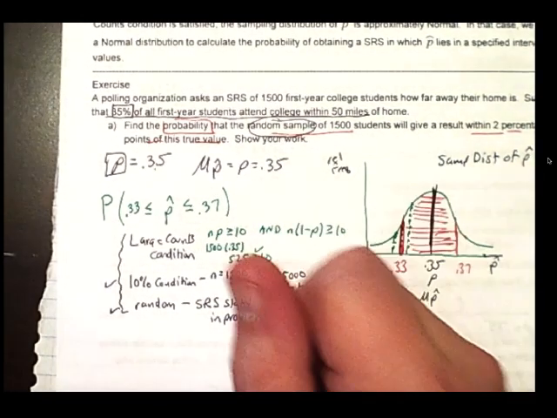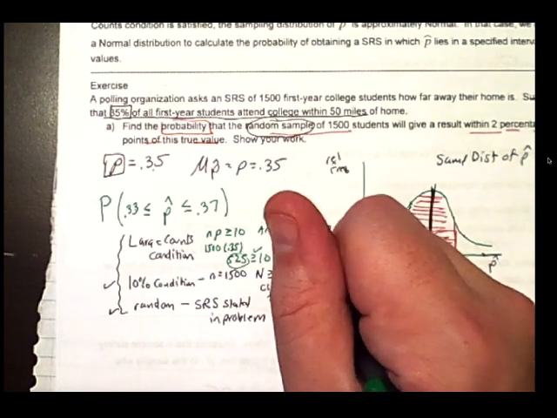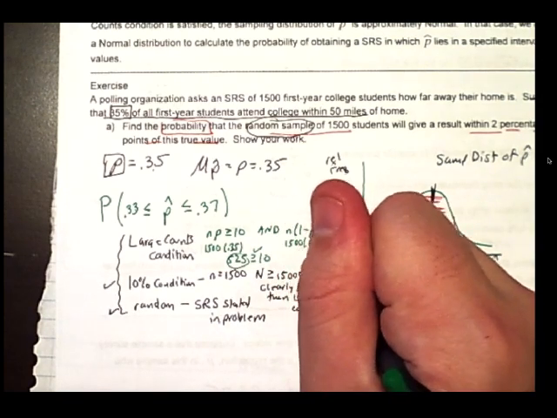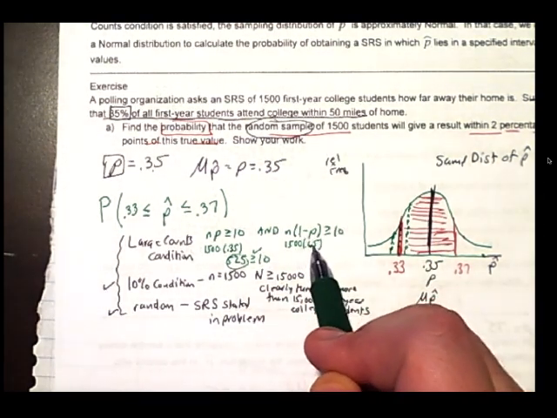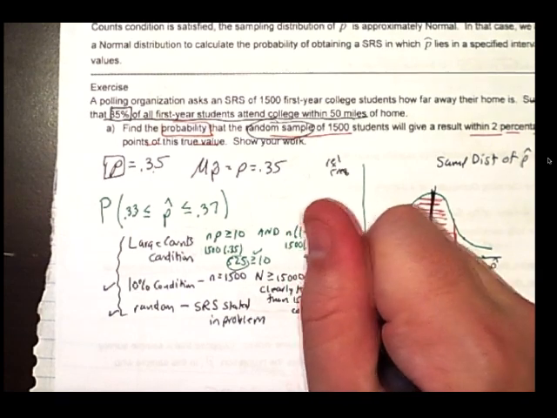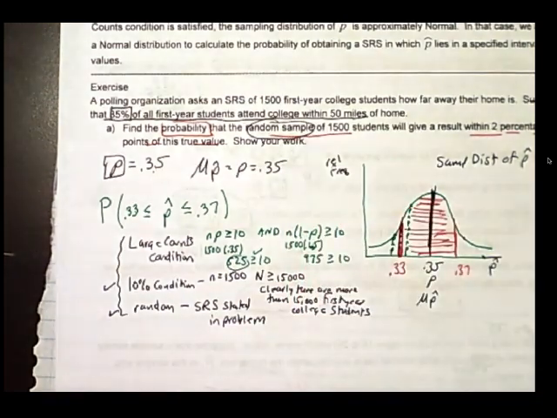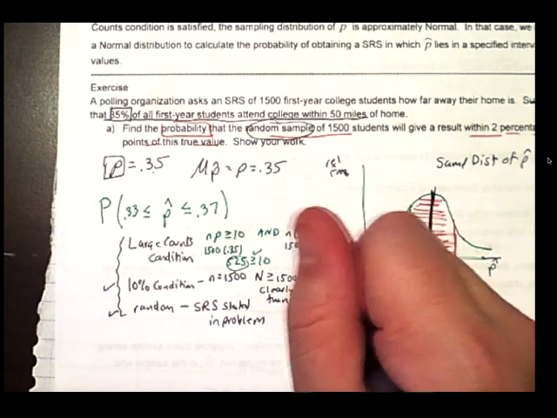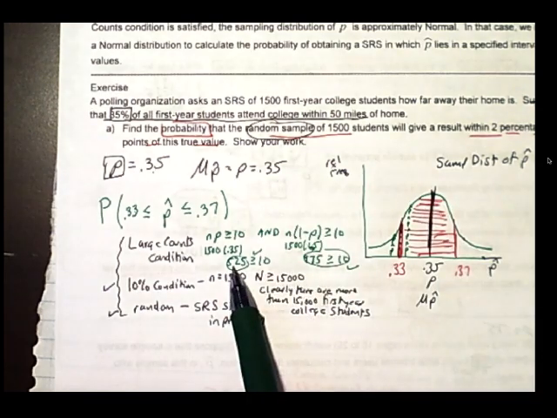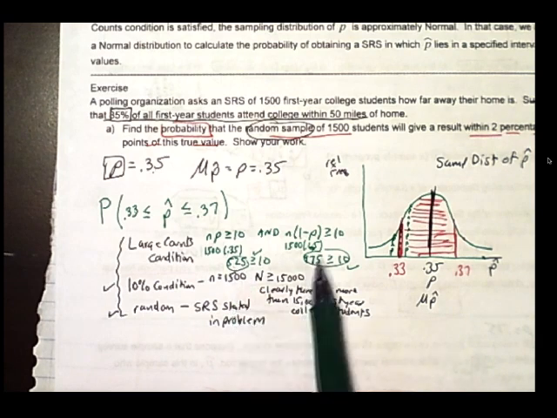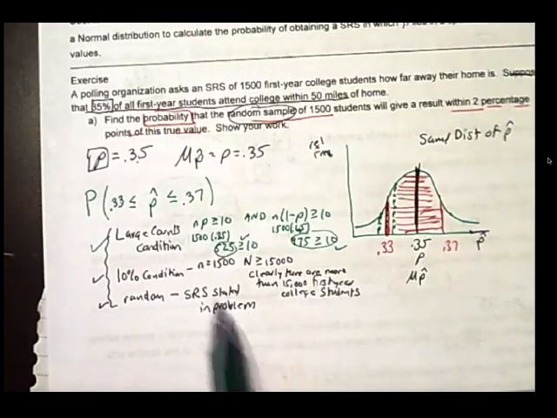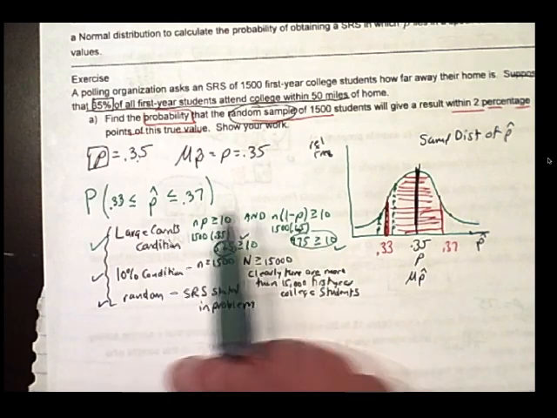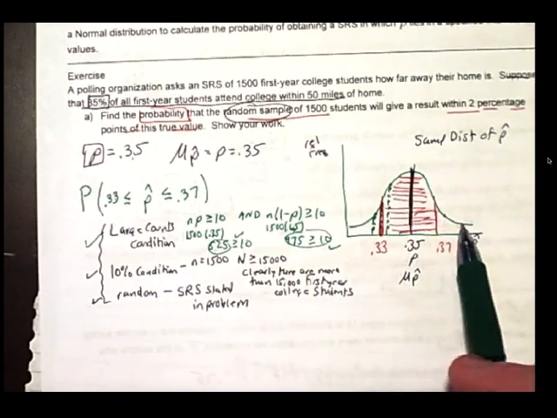And the next part, if we plug in 1500 times 0.65, since 1 minus 0.35 is 0.65, it would turn out to be 975. And that number is also bigger than 10. How did I figure that out so quick? Because this number plus this number have to add back up to 1500. So all three conditions are met, and this one lets me use a normal curve.